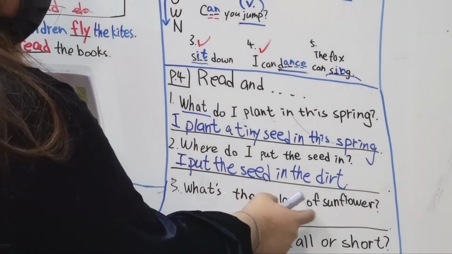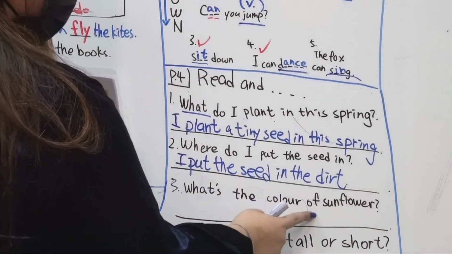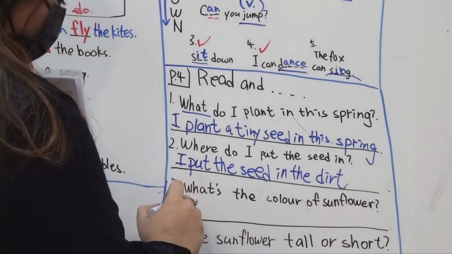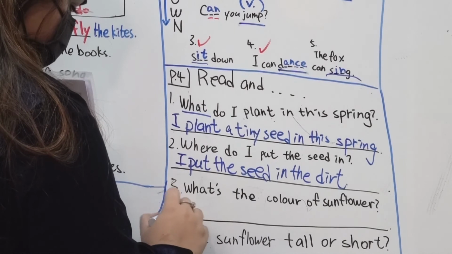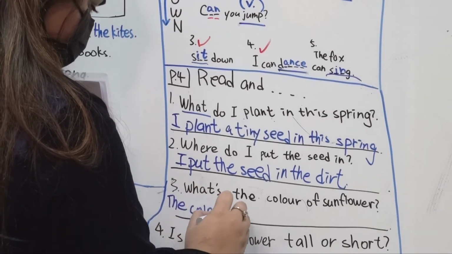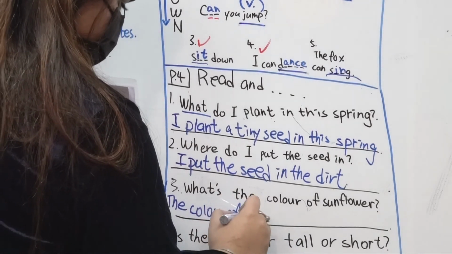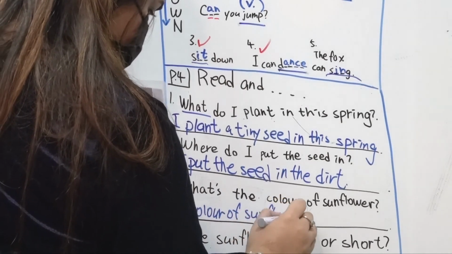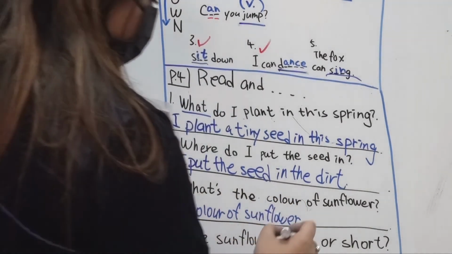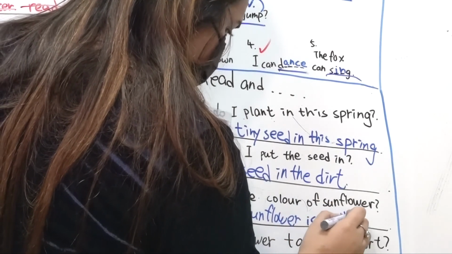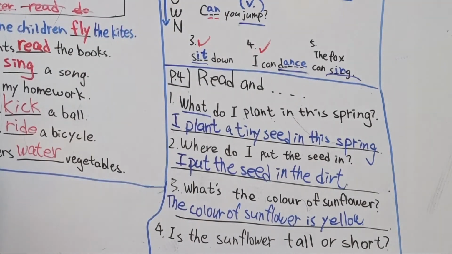What's the color of the sunflower? The color of sunflower is yellow. So just copy: the color of sunflower is yellow. All right?